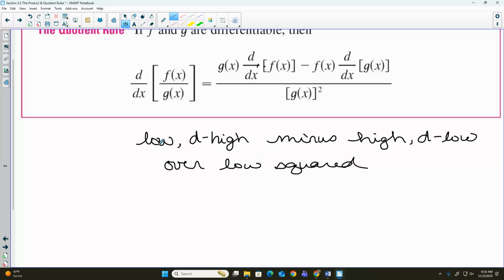So this time, unlike with the product rule, it really didn't matter which one you did the derivative of first because we were adding. When you're subtracting, order matters. So we do have to be careful on that.